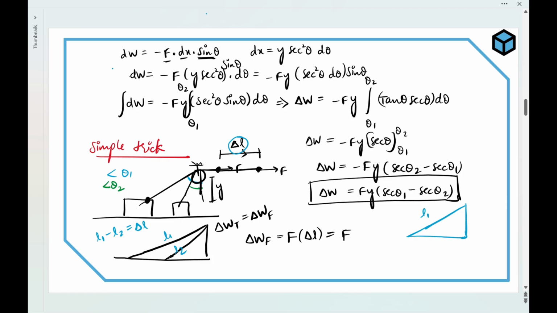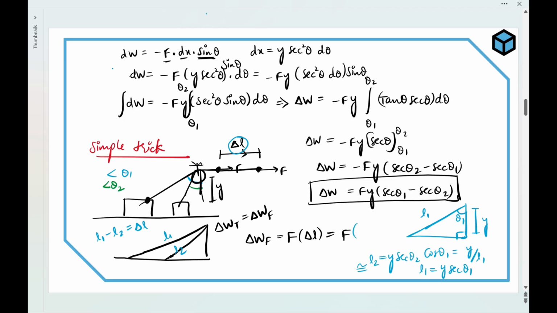This is L1, this is the angle theta 1, this is 90 degrees and this is Y. So we can write cos theta 1 is equal to Y by L1. That means L1 is equal to Y into secant theta 1. Similarly, L2 is equal to Y into secant theta 2.